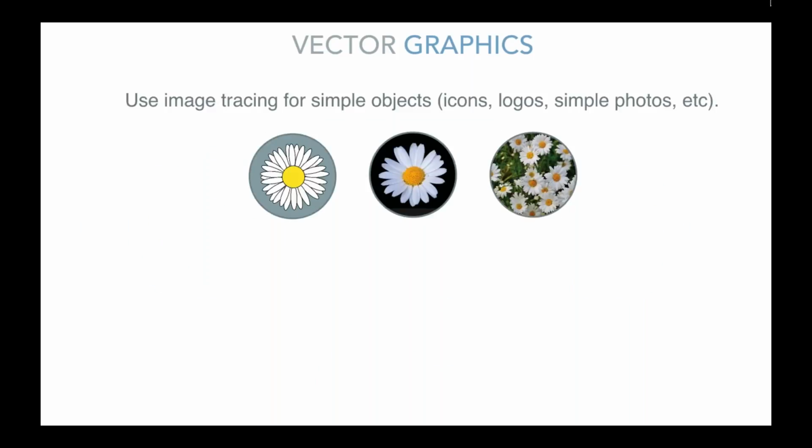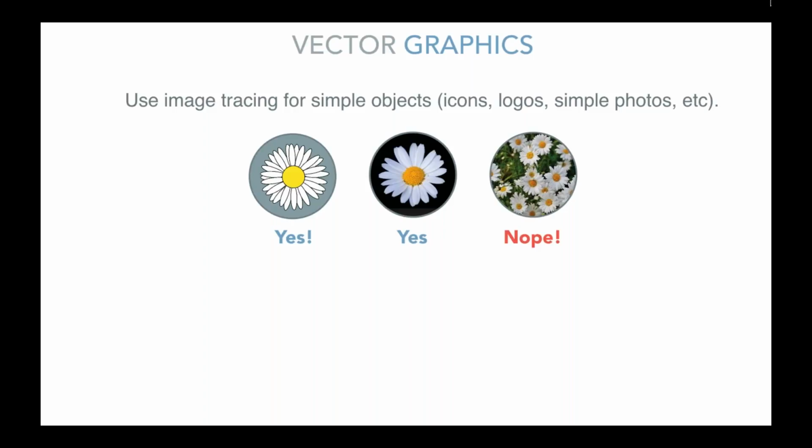Let's take these three daisy flower images that I found online. I found them free of copyright, so I will tell you a bit later on about using images without any copyright or finding open copyright. This is the case for these images. And the thing is, some of these images you can image trace, and some you cannot.